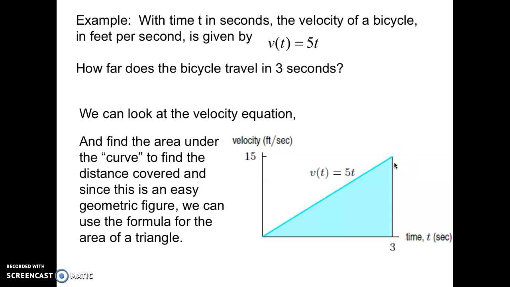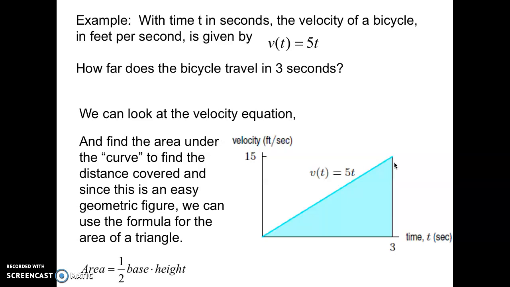So to find the area underneath the curve, we found the distance using this geometric figure, which in this case was a triangle. So we're going to use the area of a triangle instead of using our RAM methods, because here we can actually find the exact area of a geometric object.